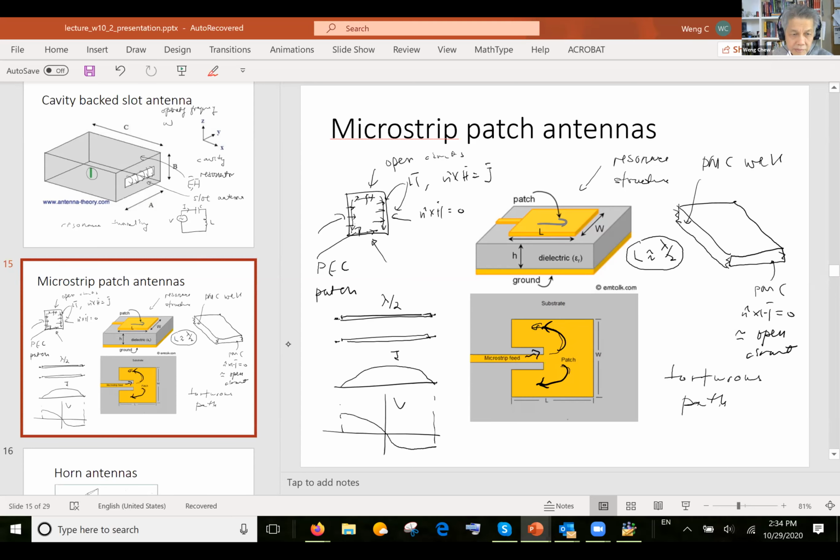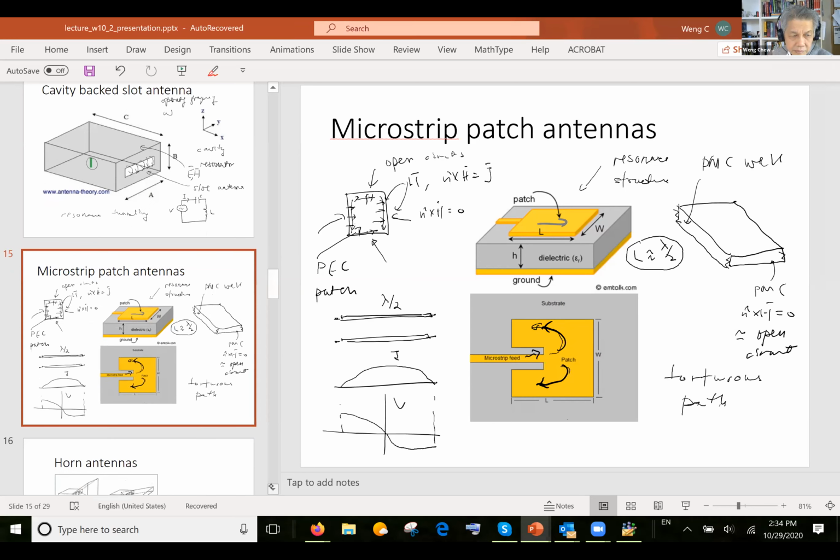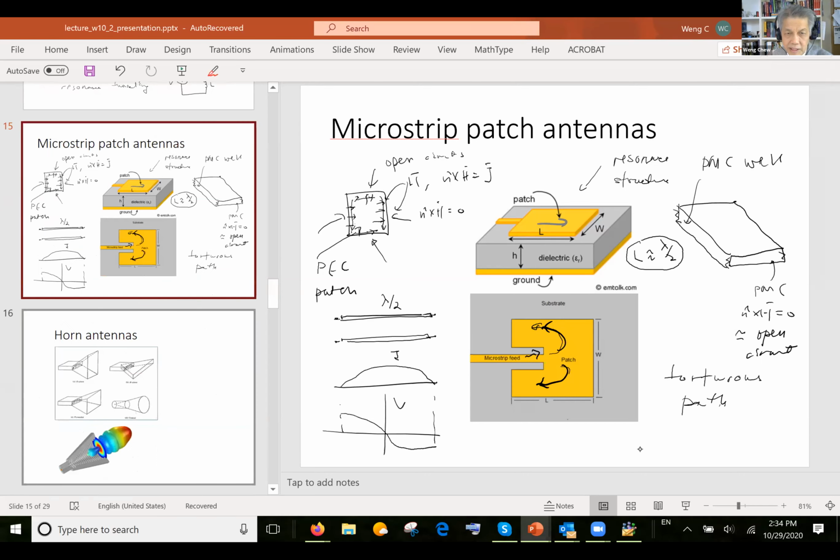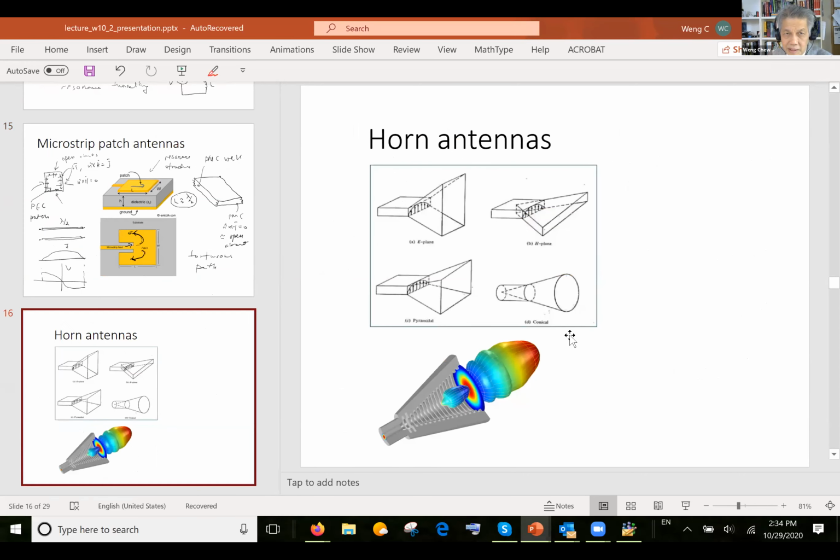So the next thing is a horn antenna. A horn antenna is an antenna where you gradually go from a waveguide to free space.